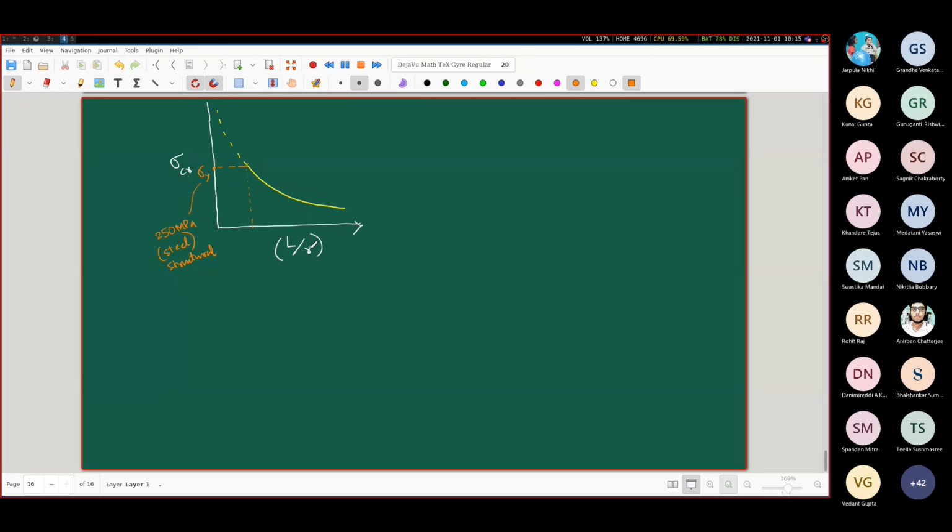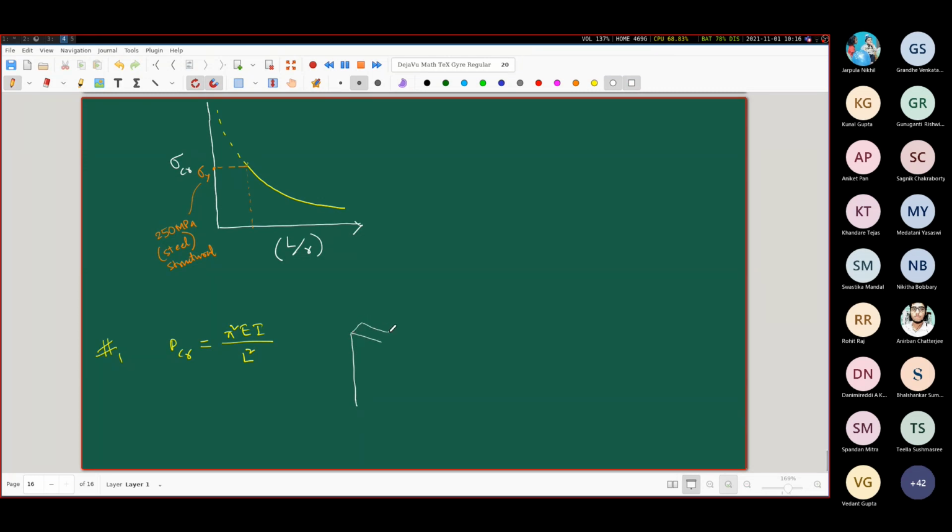Another aspect which you should be careful about: let us consider this P critical associated with case 1. We have seen that P critical is equal to pi square EI by L square. You focus your attention on this I, and you consider the column properly like this.